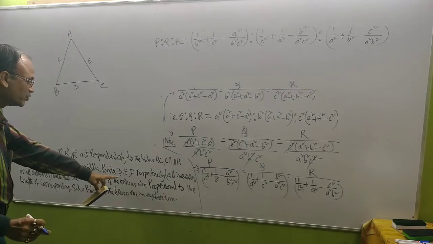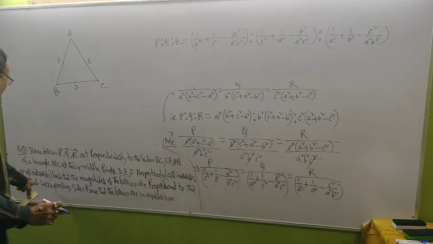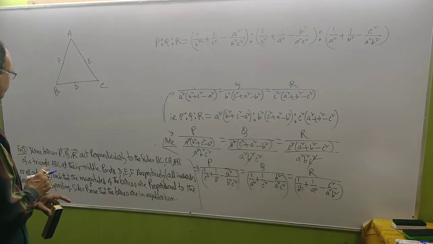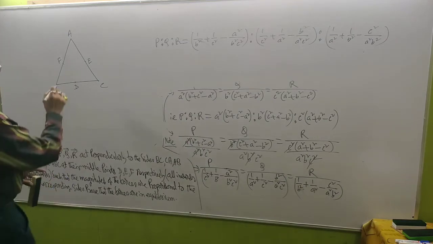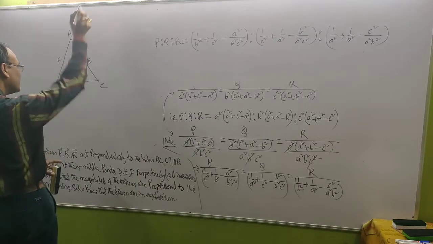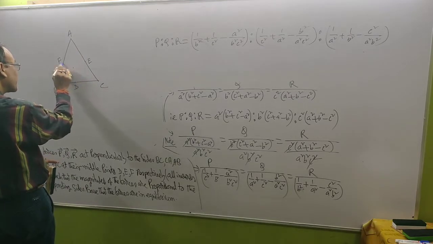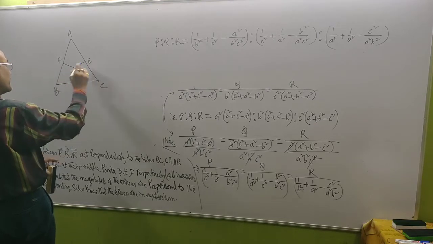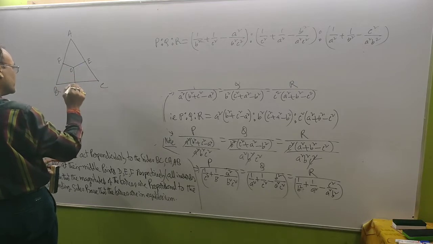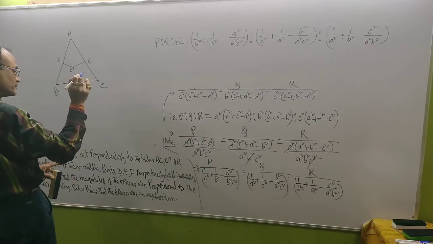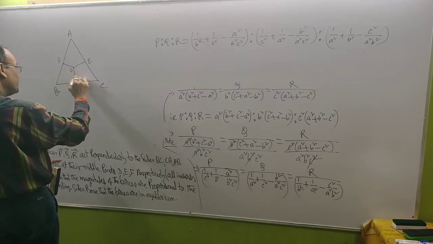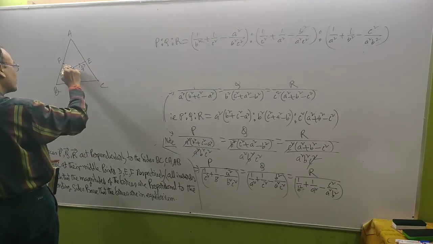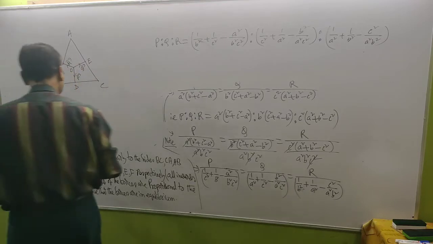Such that the magnitude of the forces are proportional to the length of corresponding sides. Act perpendicularly. Perpendicularly means, suppose BC, P force is acting along this, Q force is acting along this, and R force is acting along this.